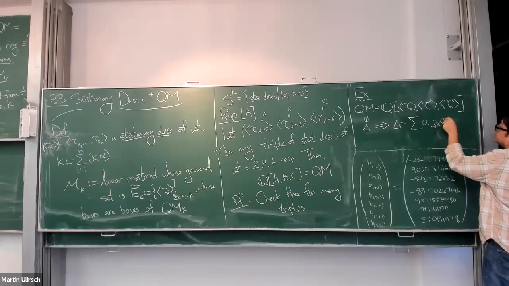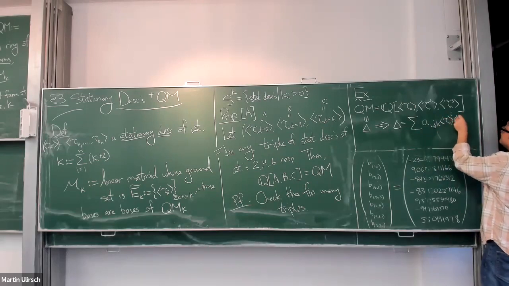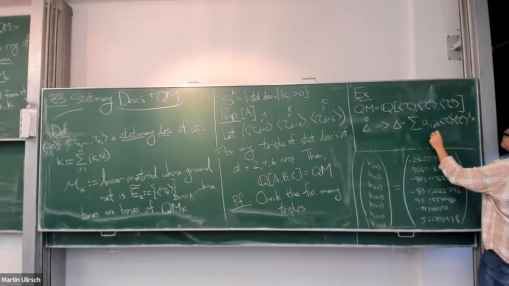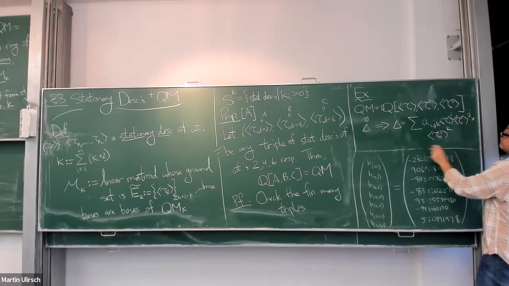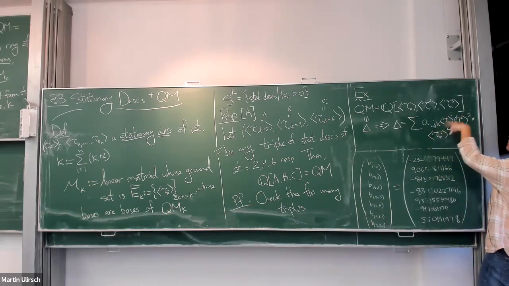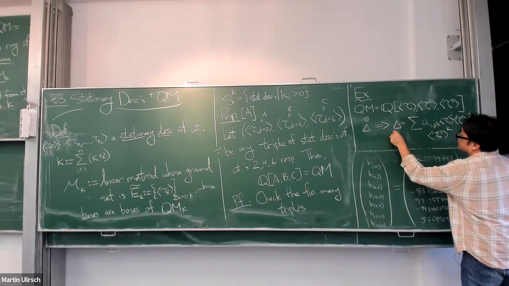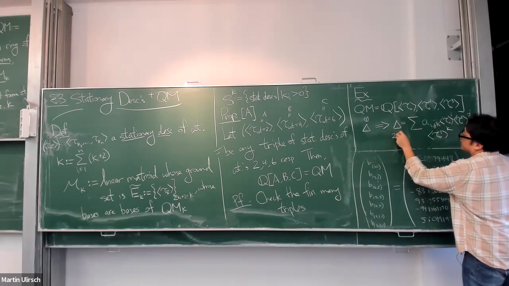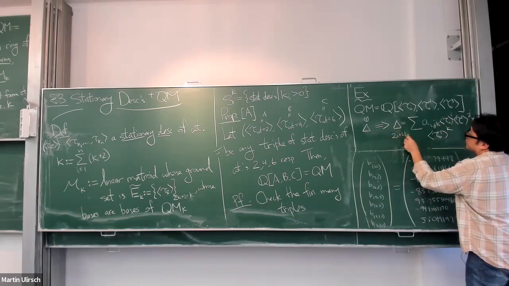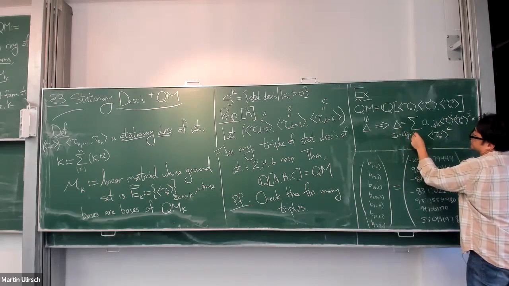So the tau 0 squared to the i, tau 0 cubed to the j, and so on, and it's the sum where all of these are contributing weight 12, right? So you sum over all ijk's such that 2i plus 4j plus 6k is 12.